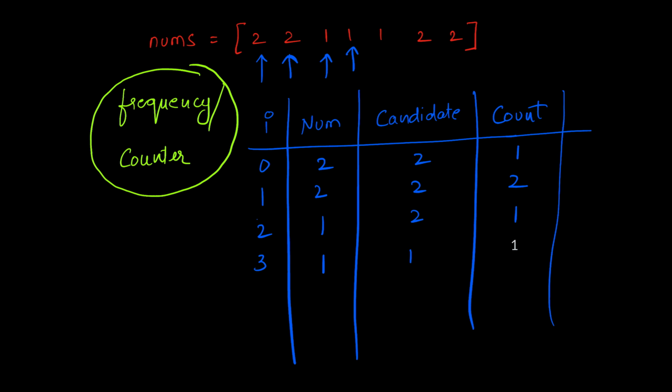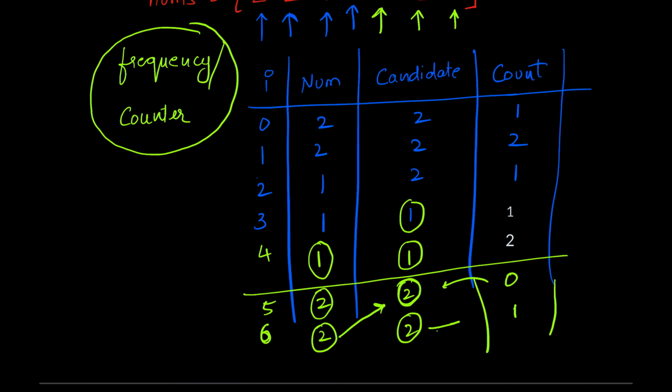Now incrementing our i to 4, the next value is 1, which matches the current candidate, so we can increment the corresponding count. Similarly, we'll continue iterating through the remaining elements in the array, and depending on the comparison results between the nums and the candidate, we'll increment or decrement the count. After the iteration is done, we'll return the candidate as our output because it will hold the majority element.